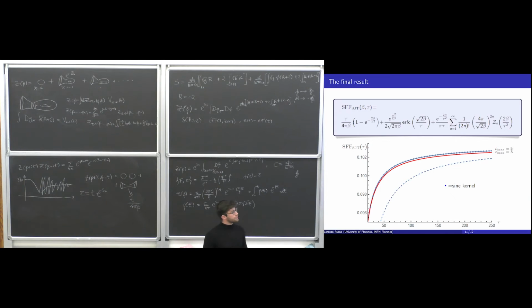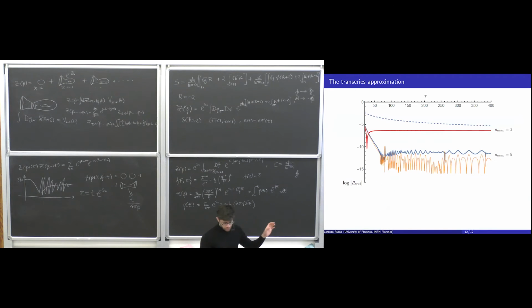And what are those terms? These z, n are actually polynomials that you can explicitly compute, and we did it so you can add whichever number you like. So to have a more quantitative comparison, here what I'm plotting is the logarithm of the relative error between the numerical result and our analytical result.